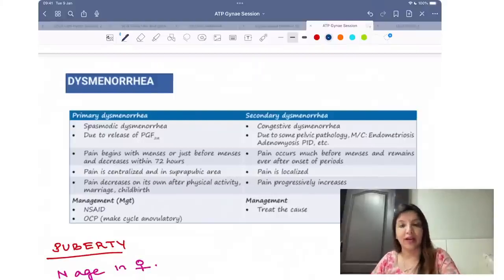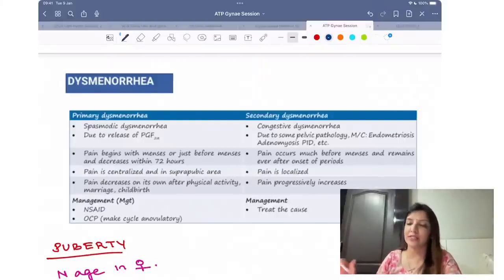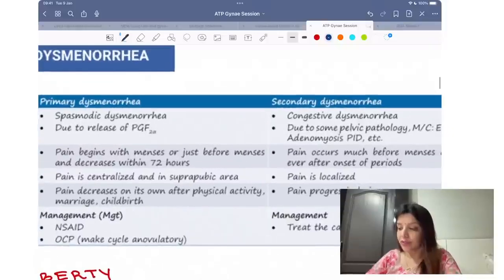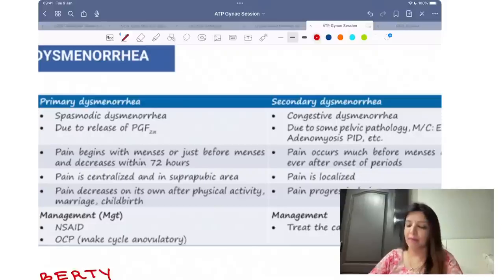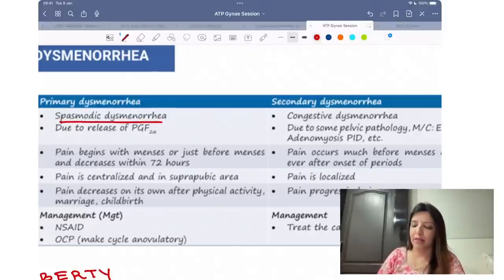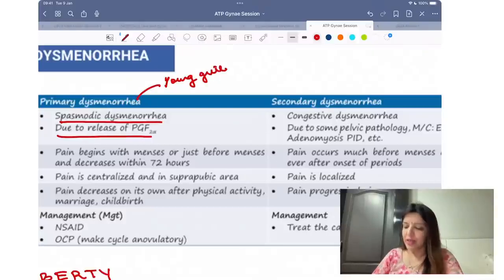Questions on dysmenorrhea are asked in FMGE as well as NEET PG. Now there is something which is primary dysmenorrhea. Why is primary dysmenorrhea happening? Primary dysmenorrhea is happening because of the release of PGF2 alpha. In primary dysmenorrhea you are going to get a young girl, and she is going to complain of pain.